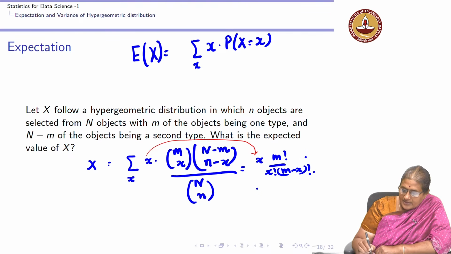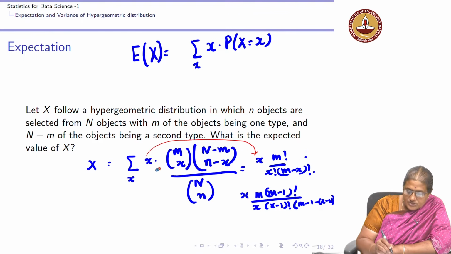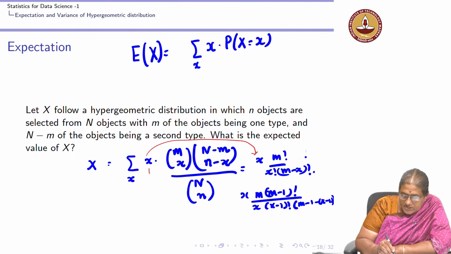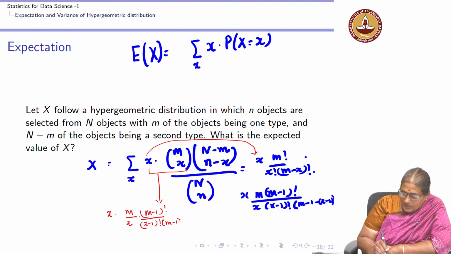I am going to write it as m into m minus 1 factorial divided by x into x minus 1 factorial, into m minus x factorial. So, I will get only these two terms. Now let us just focus on these two terms. I can simplify that into x into m divided by x into m minus 1 factorial divided by x minus 1 factorial into m minus 1 minus x minus 1 factorial.